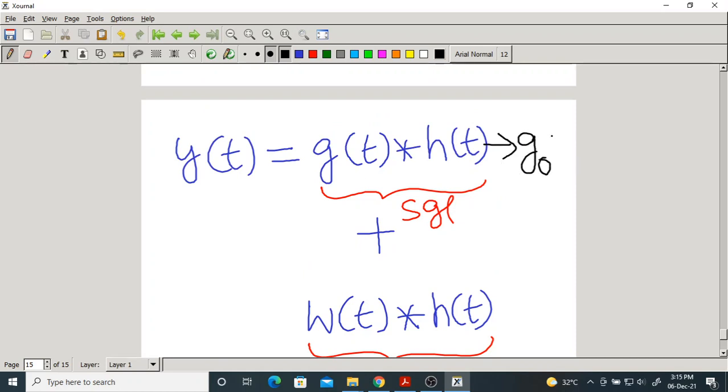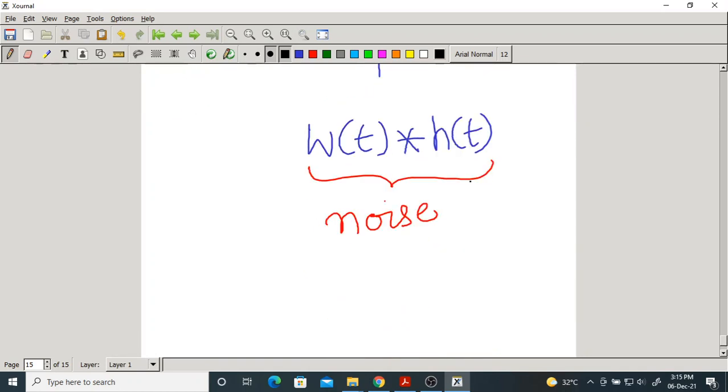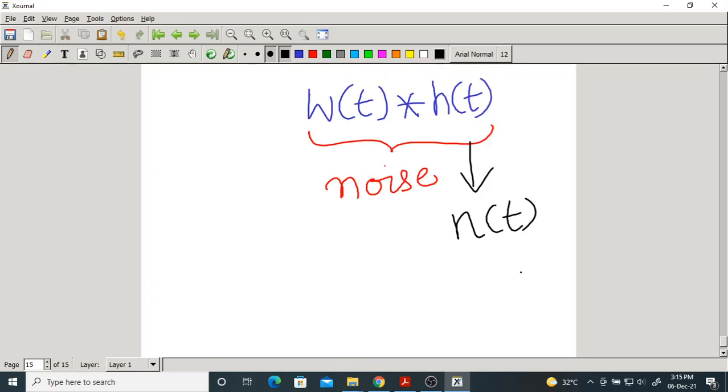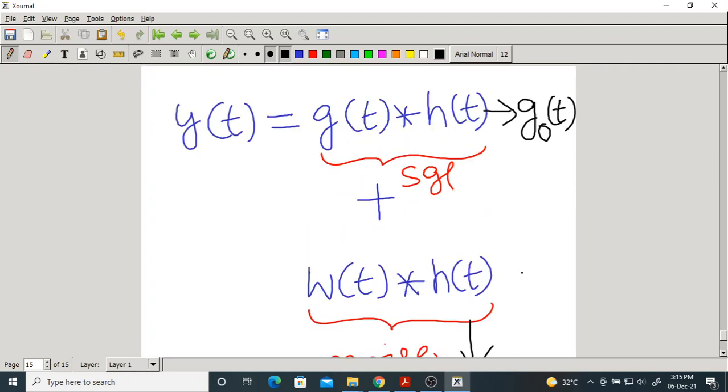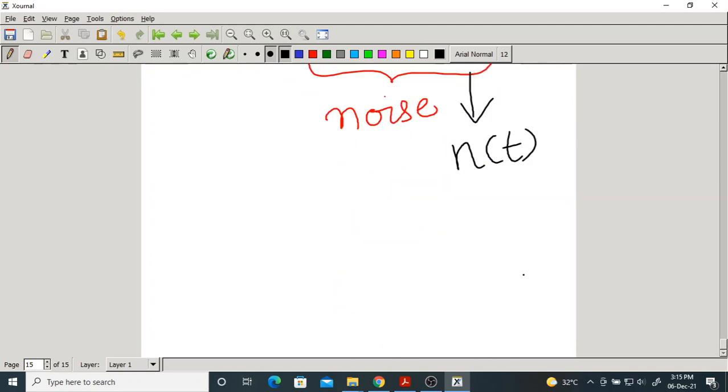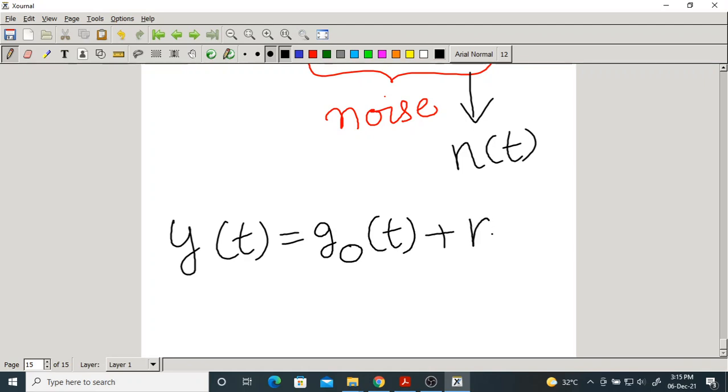It is called g naught of t, and this is called n of t. So the output is simply g naught of t plus n of t.